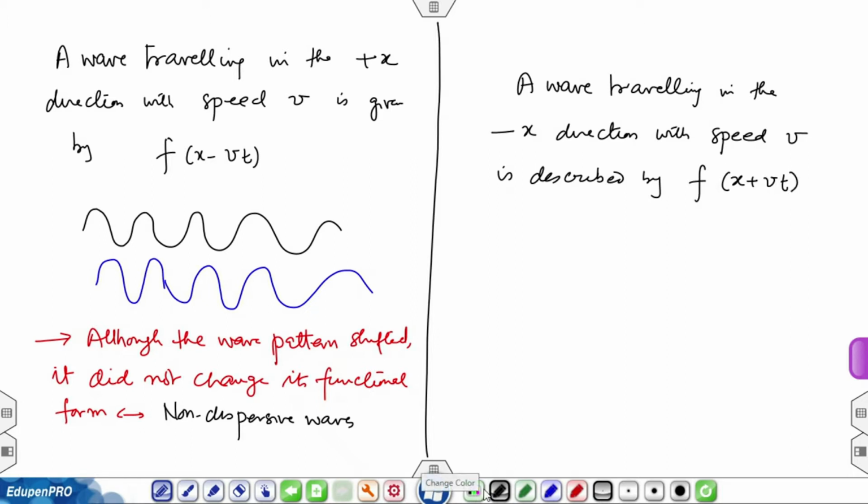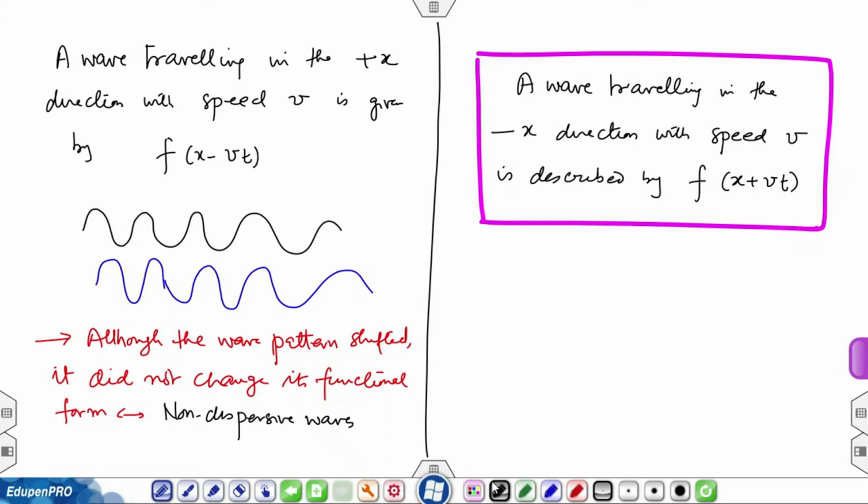I am leaving that for you to show. So, either I have, for the wave traveling to the right, a function f(x minus vt), or for the wave traveling to the left, any general function of x plus vt.